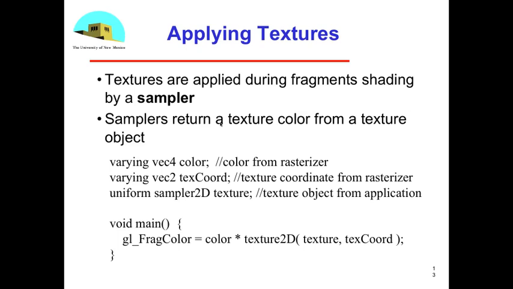There's an additional type of variable that we use within the fragment shader that's called a sampler. And it does exactly that. You give it some texture coordinates and it goes to the texture image and gets you a sample of that texture image. And it's a uniform variable. It's set up within the application file and then passed on.